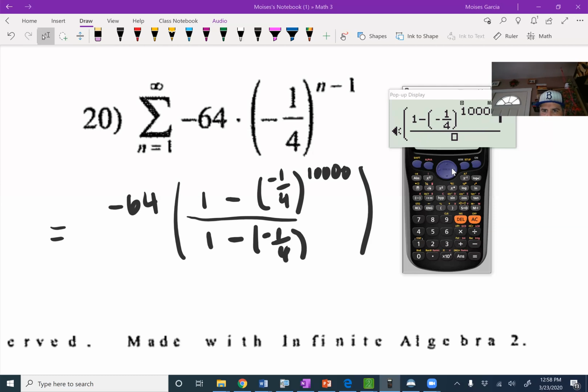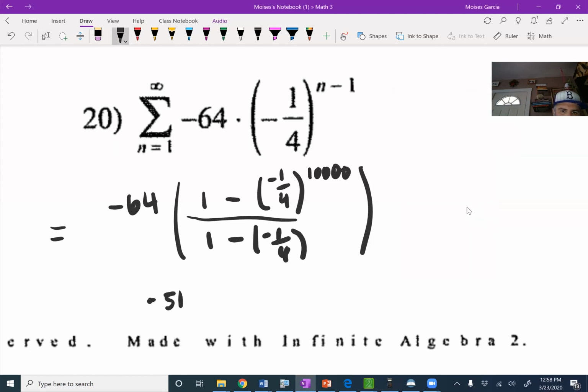And then I'm going to close the parentheses at the very end this time. So this is going to be 1 minus -1/4, close there, and then close at the very end here. It should tell me the value it's approximating. So I could put -256/5, or I could also say that it's getting close to -51.2.